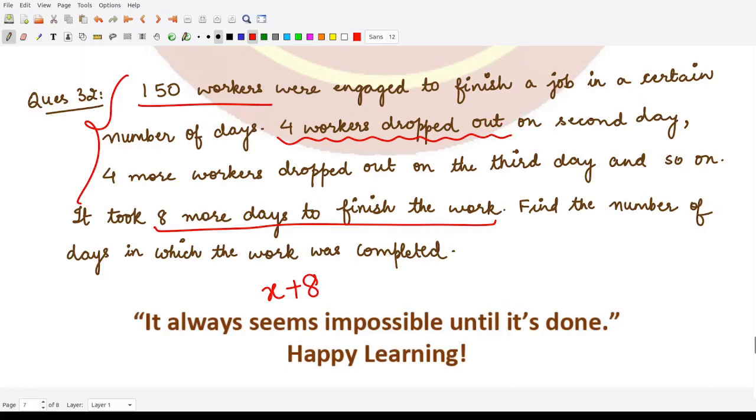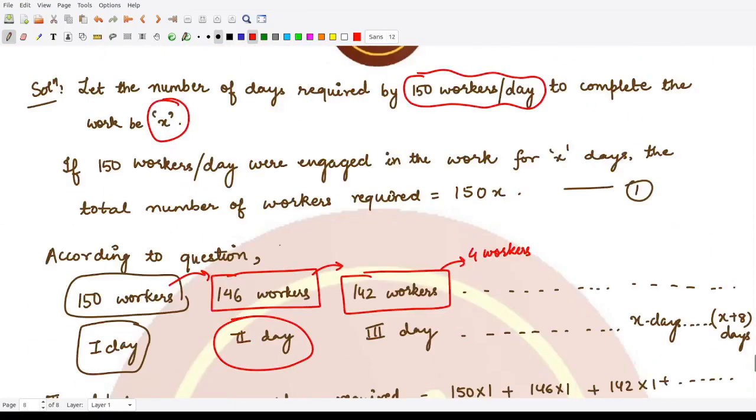Each corresponding day 4 workers are dropping out. In that case, the total number of days in which the work would be completed would be x plus 8, correct?